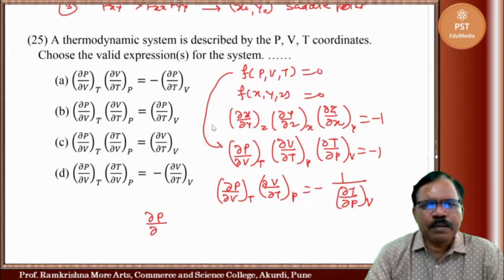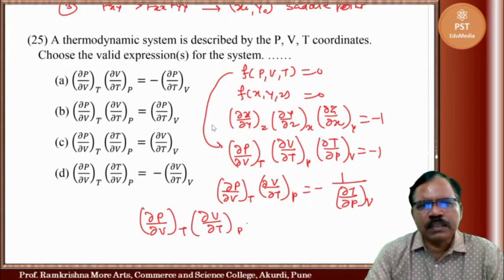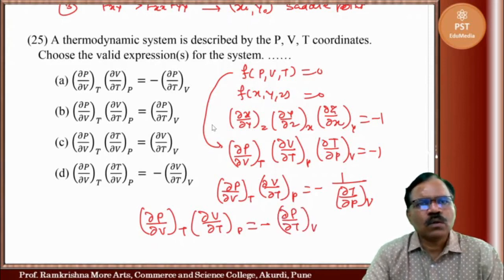So ∂P/∂V at constant T into ∂V/∂T at constant P will be equal to −∂P/∂T at constant V. So if we see, this first one is correct.